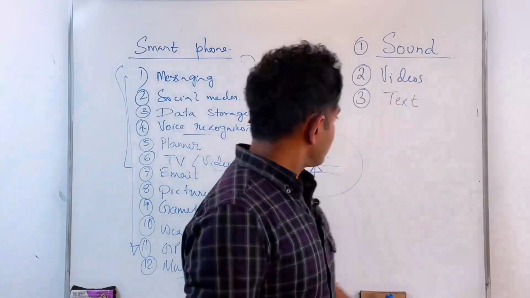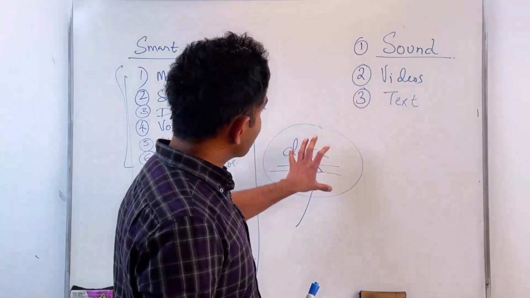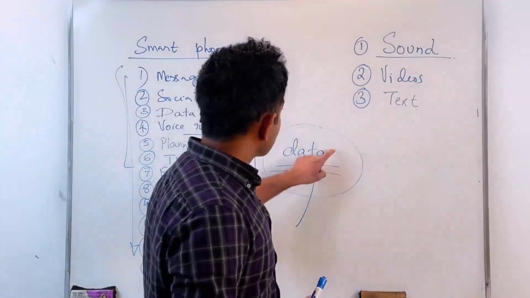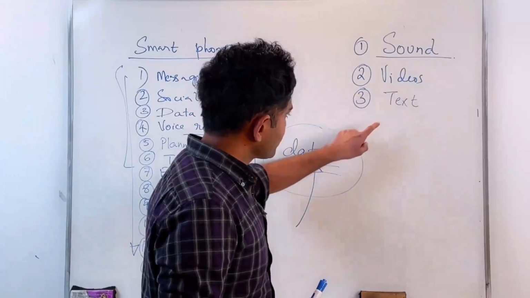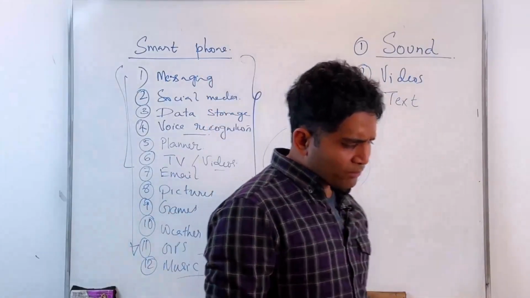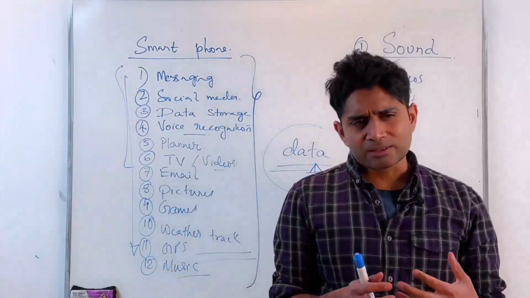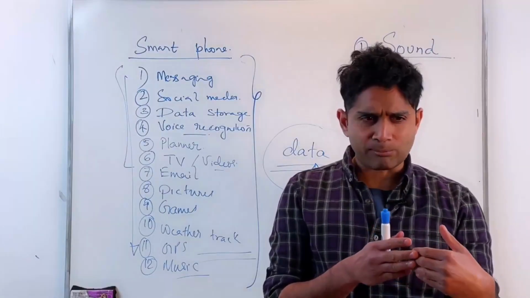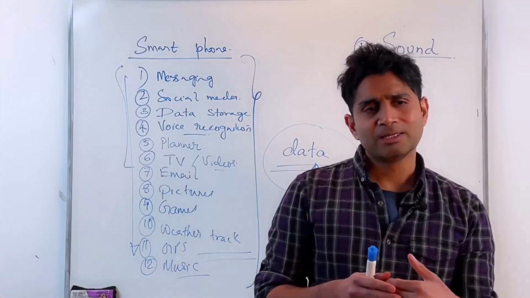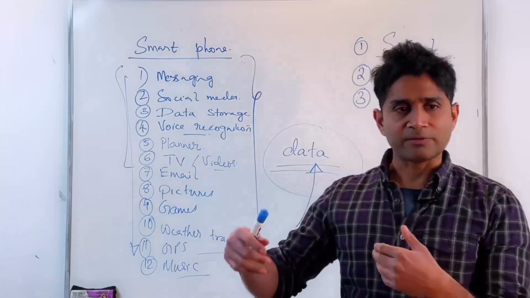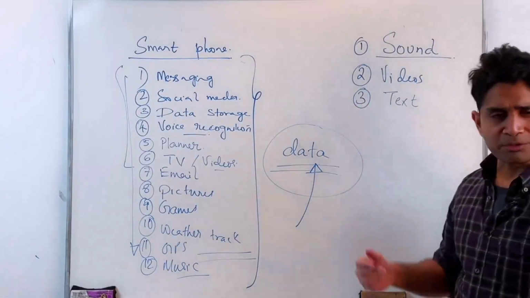Intuitively, what do you think? The data corresponding to sound, to videos, to text: how do you think they are stored? Do you think the data corresponding to sound looks different than the data corresponding to videos or text? What do you think?